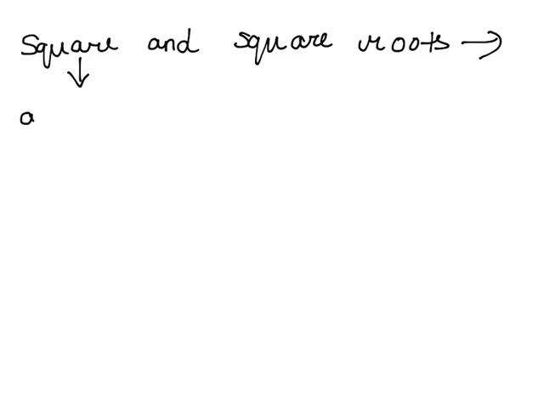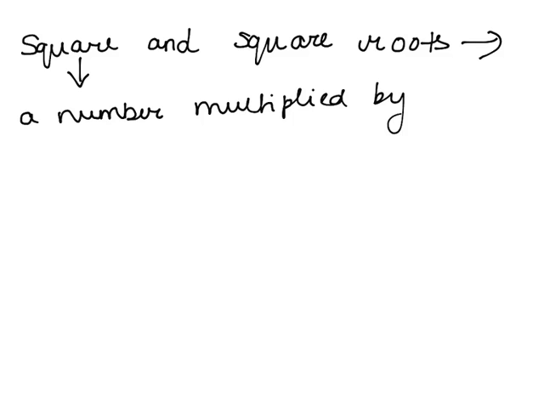A number that is multiplied by itself is known as the square of a number. There is a notation for how we write the square of a number. Suppose a number is a, so we write a squared, a with an exponent 2.